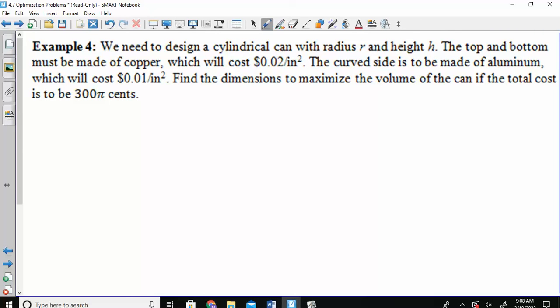All right, let's look at this example. It's kind of related to that number 15 that we talked about from your homework last night. So this one tells me we need to design a cylindrical can. What does that mean? What's a cylindrical can?